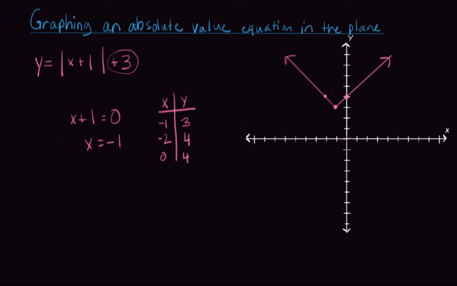Let me erase a little bit of that. And let's try one more. So let's try y equals negative 2 absolute value of x minus 1 plus 1.